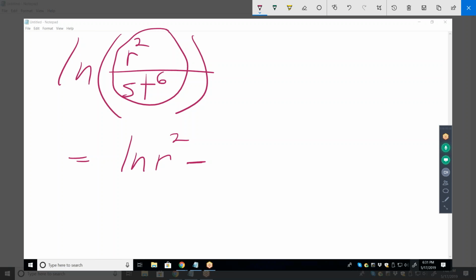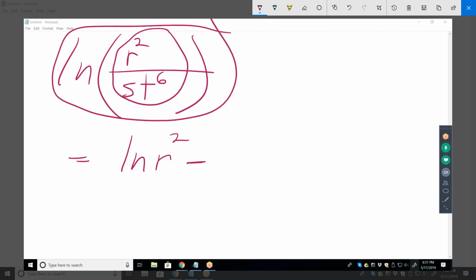So what's the next term? Sorry, what? No, we're taking one log expression, we're going to turn it into three log expressions. You got to put the ln first. That s is not being taken to the sixth, it's only the t. So it's ln of s.